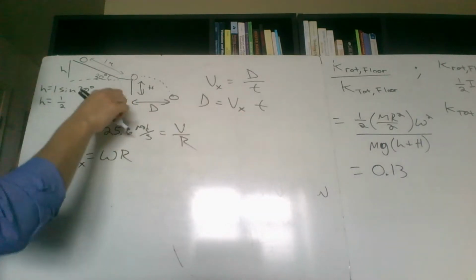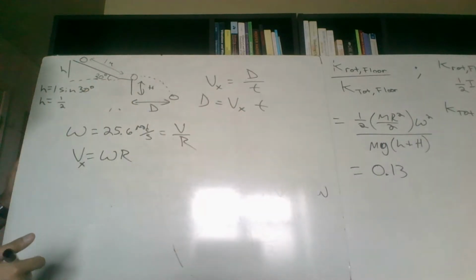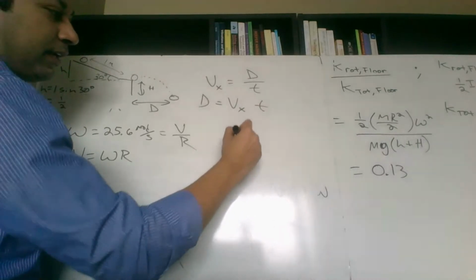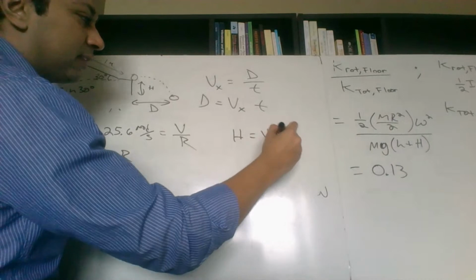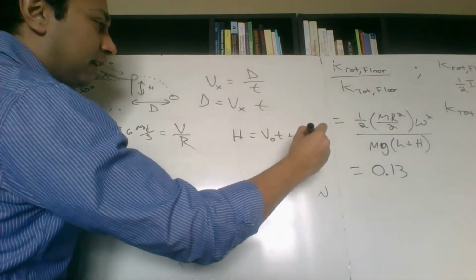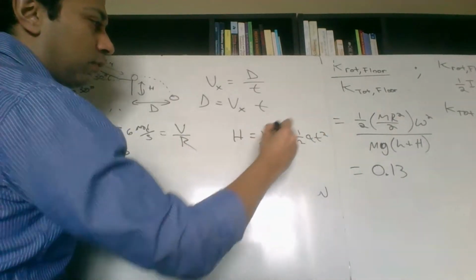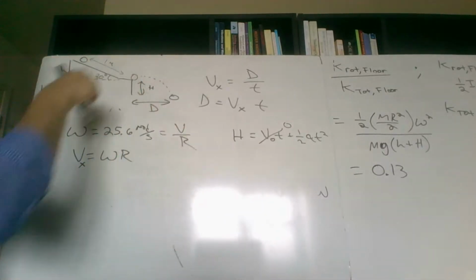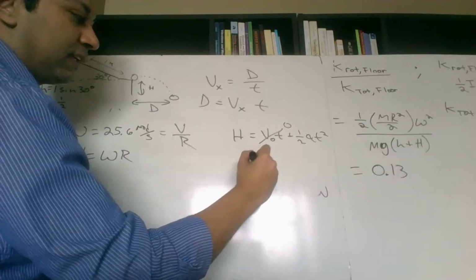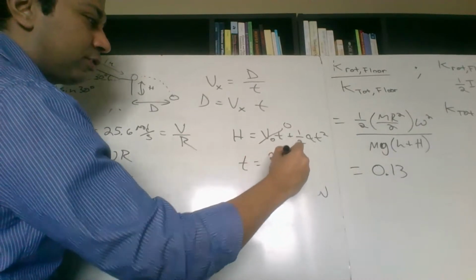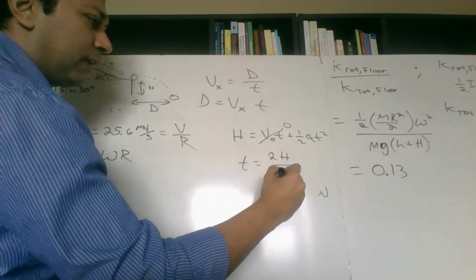And how do we get time? Well, it's just the distance it's falling down by. We can use the equation delta y is equal to v naught t plus 1/2 a t squared, where it didn't have a y speed in the beginning, so that term goes to 0. And if we solve for time, it's going to equal the square root of 2h divided by g.